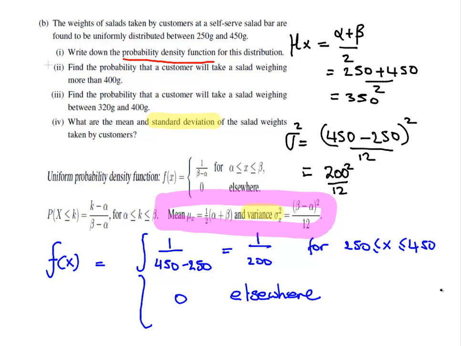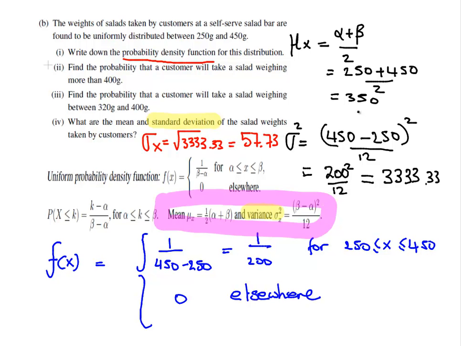Working that out in the calculator, that is equal to 3,333.33. But the standard deviation is what we're looking for. So the standard deviation sigma x is equal to the square root of 3333.33, and that's equal to 57.73.